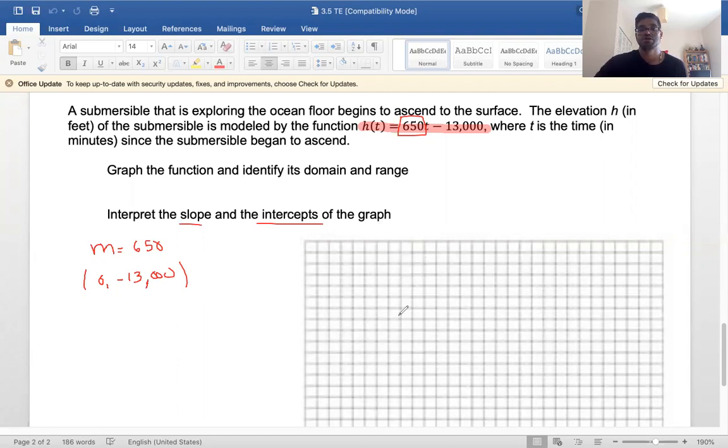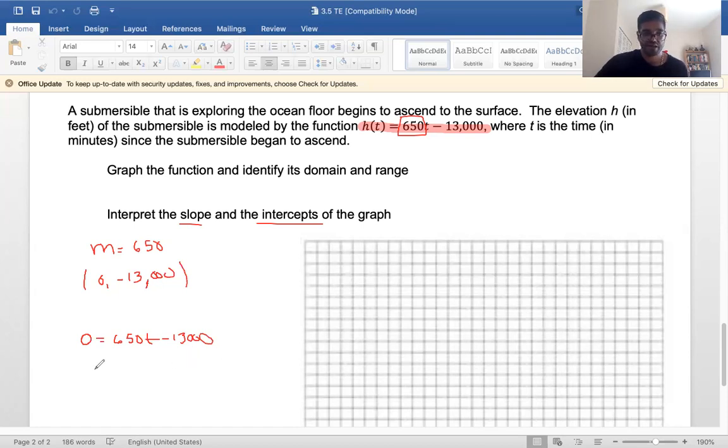I want you to think, if you're the submarine ascending to the surface, what is the maximum value that our y could take on, that we can be in the water? We can't be in the positives because our submarine is going to stop once it reaches the surface. So I can set this equation equal to 0 and solve for t.